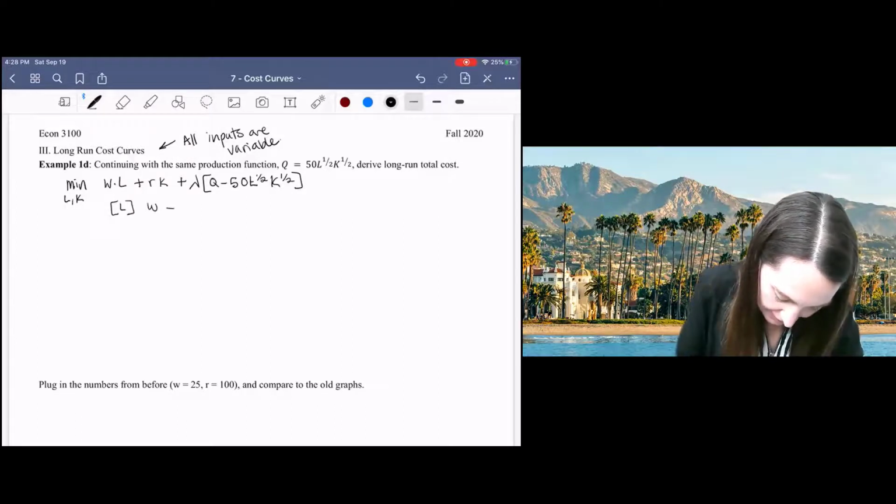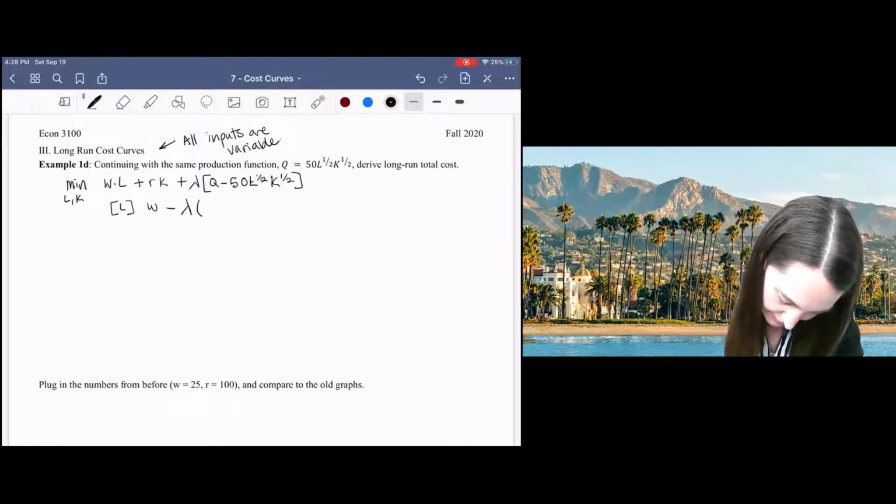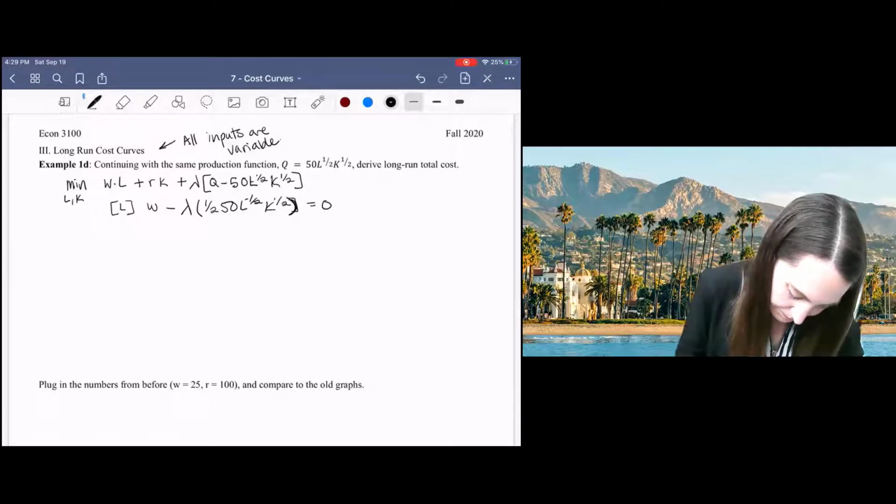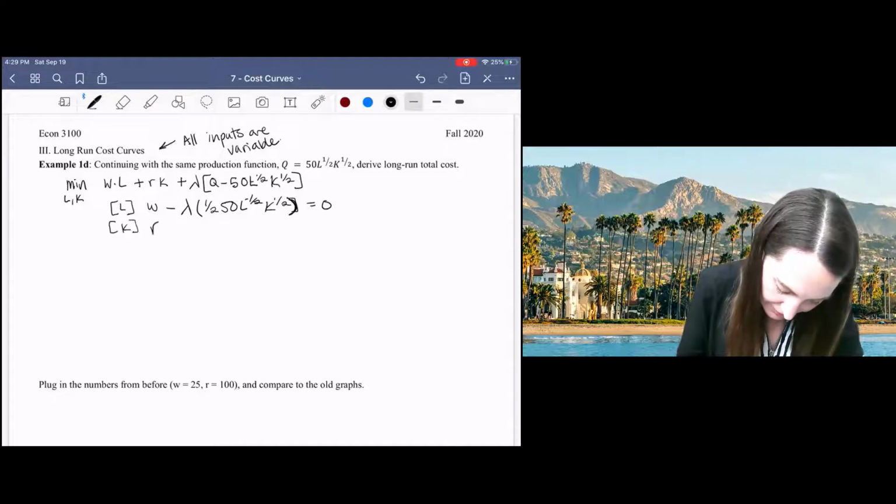So we get wage minus lambda times 1/2 50L to the negative 1/2 K to the 1/2. We'll set that equal to 0. And then find the first order condition for capital.